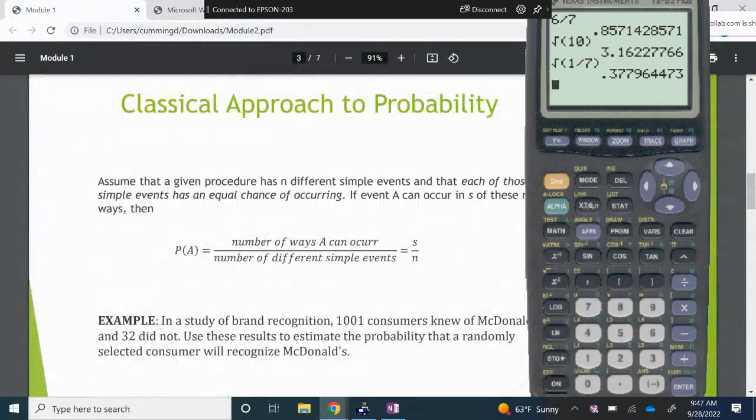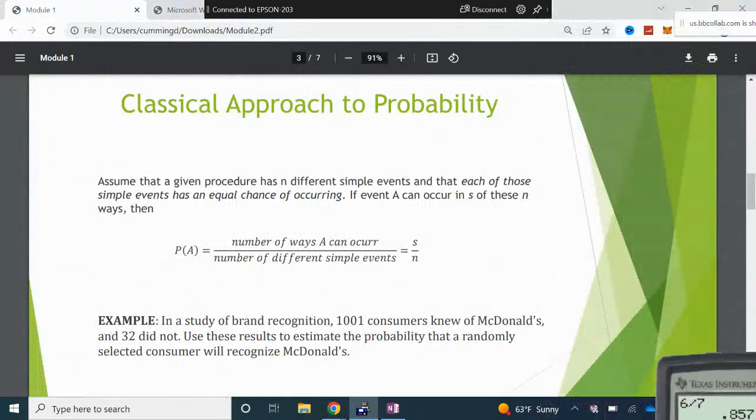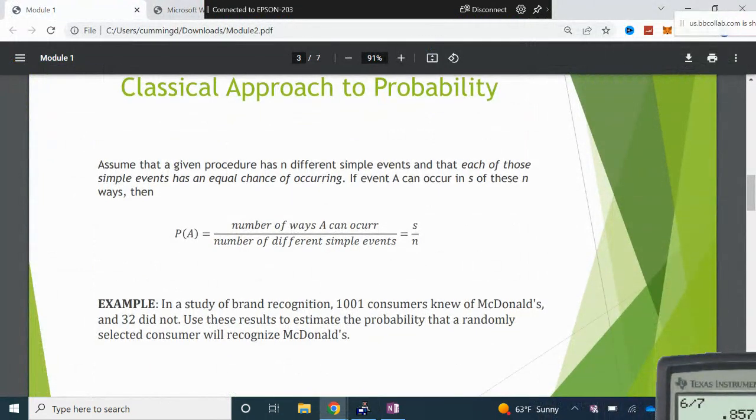All right, now we have the classical approach to probability, right? And this is basically a formula. It says assume that a given procedure has n different simple events, and that each of those simple events has an equal chance of occurring.